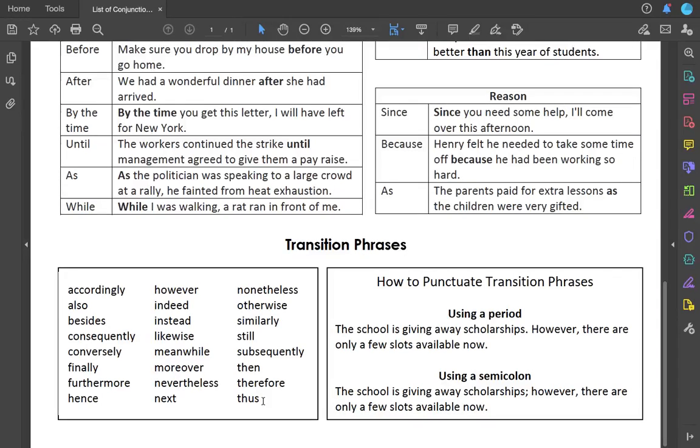Okay, so as we always do, there is an exercise that follows this lesson, which I will be making available in Moodle. It's the Connecting Words Part 3 exercise.